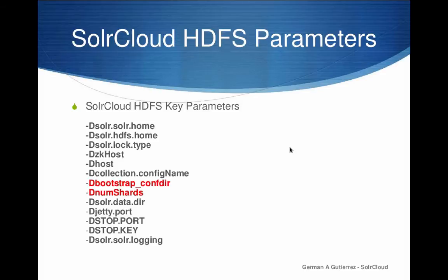And then the jetty port, the stop port, and stop key are parameters that are specifically for each shard in the jetty, that you can stop specifically by port. And that's something you can look at in the stop script, which is very self-explanatory, and I won't go into great detail. And lastly is the solr.logging parameter.